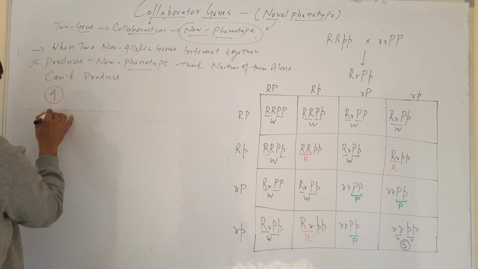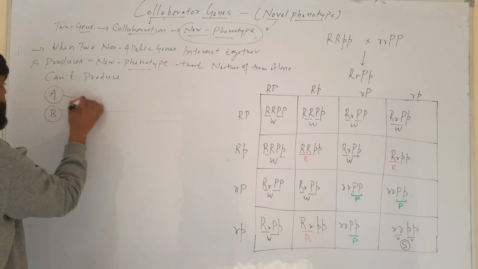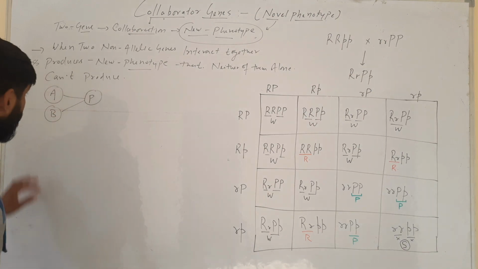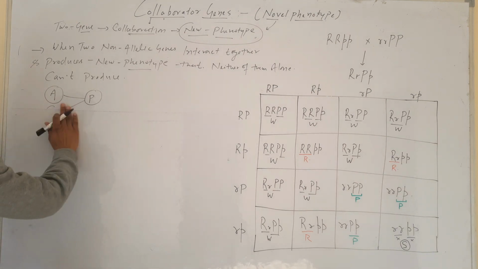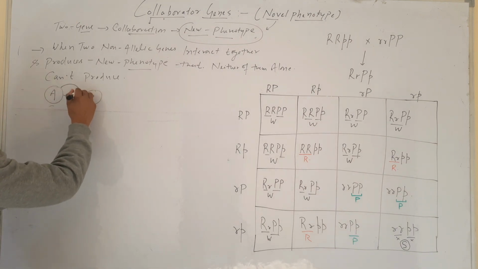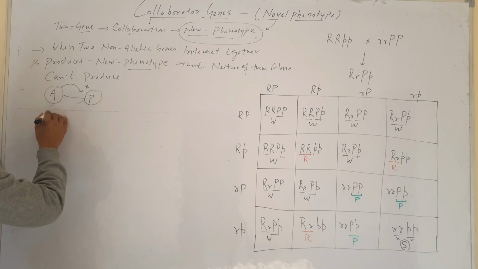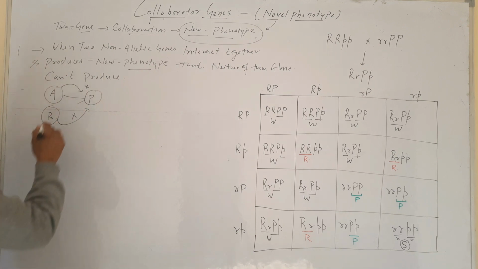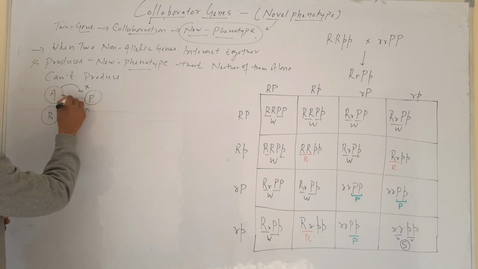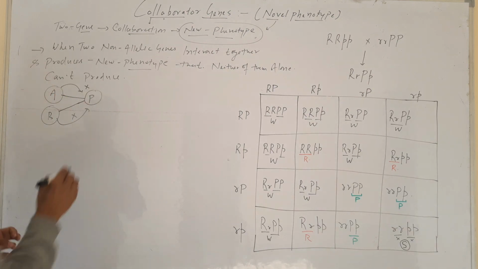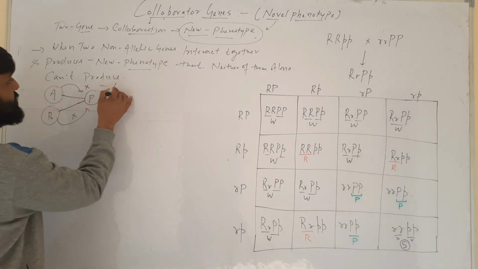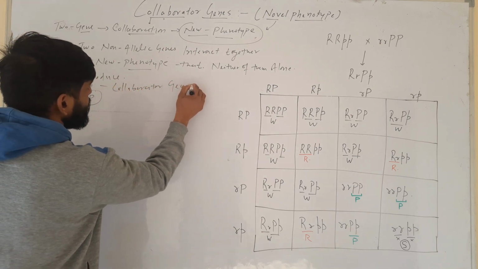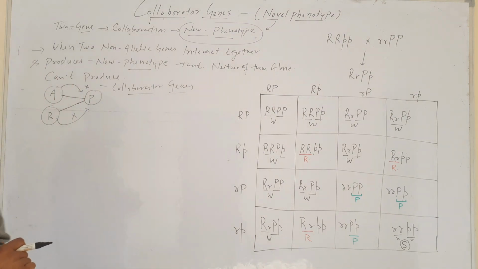Suppose there are two genes A and B, and they interact and produce a phenotype. If any of them is absent, A alone cannot produce this phenotype and B alone also cannot produce this phenotype. This phenotype is produced only when both of them interact. So these are called collaborator genes.